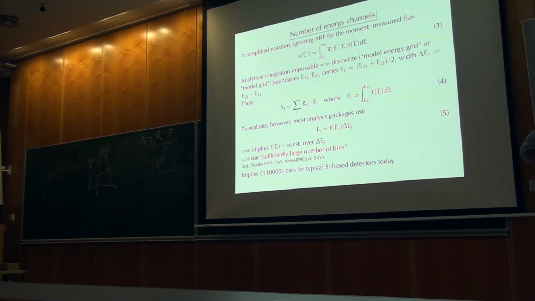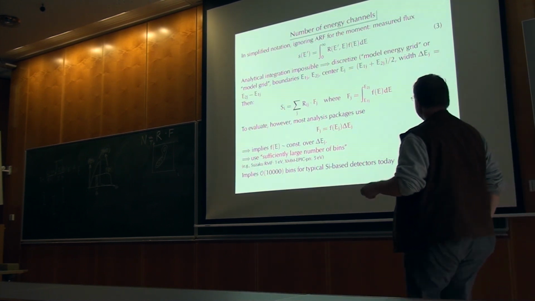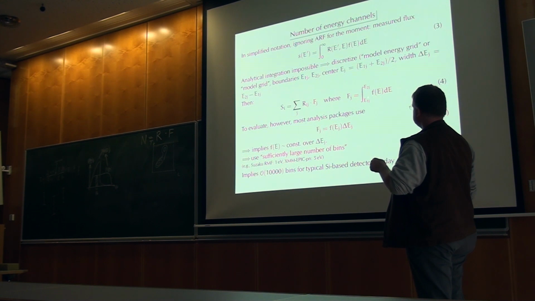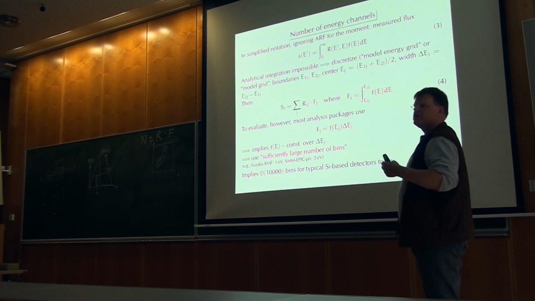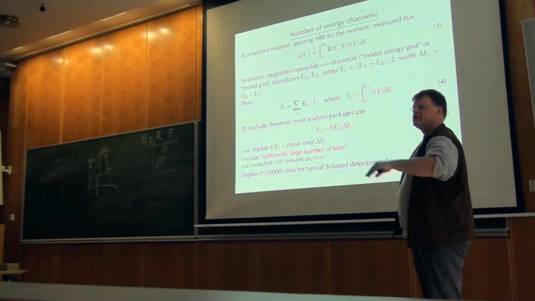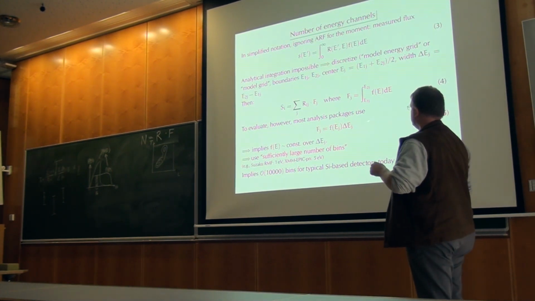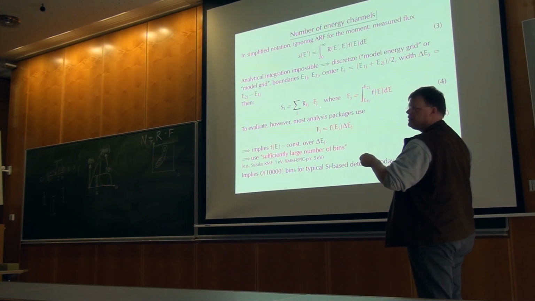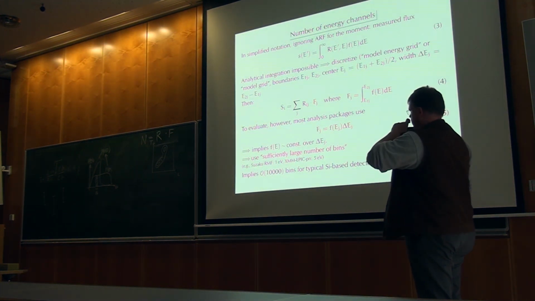Most analysis packages will very naively just say, let's choose some energy in this bin, which goes from E1 to E2. For example, let's use the middle, or let's use the lower value, or let's use the upper value. And let's multiply with the width of the bin, and this is the value to enter here. Okay?